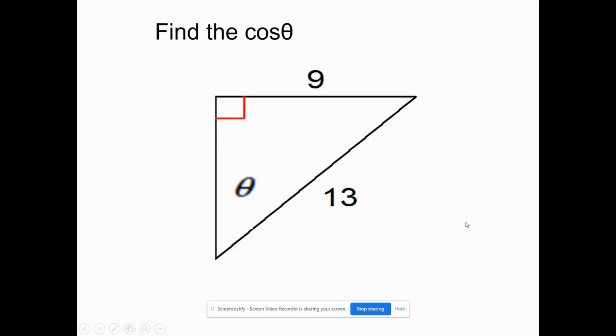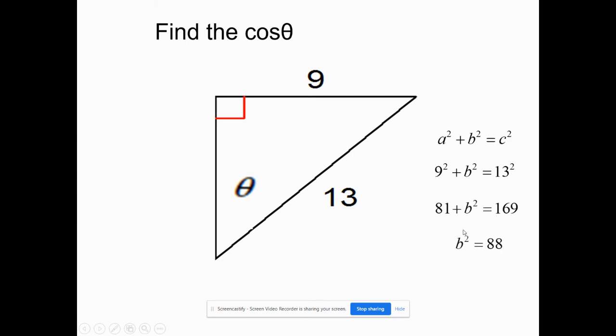All right, now if I say find the cosine of an angle, but I want you to leave it as a fraction, all right, so here I have the angle. Well, I have the opposite and I have the hypotenuse, but if I want to find the cosine, I need the adjacent. But I have two sides of a right triangle, so I can always use the Pythagorean theorem to find the third side. So 9 squared plus b squared is 13 squared.